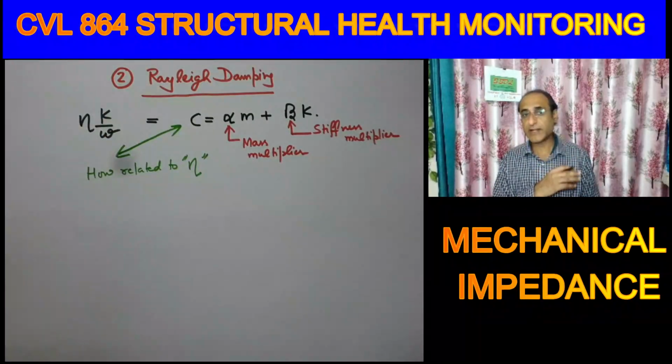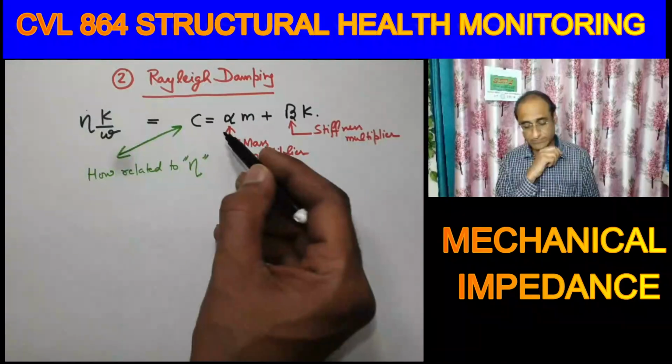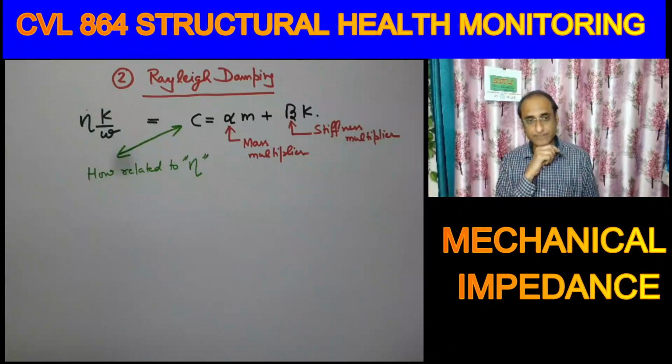Alright, so can we find an equivalence between eta and alpha and beta? What will be that equivalence? Eta is equal to alpha by omega plus beta omega.